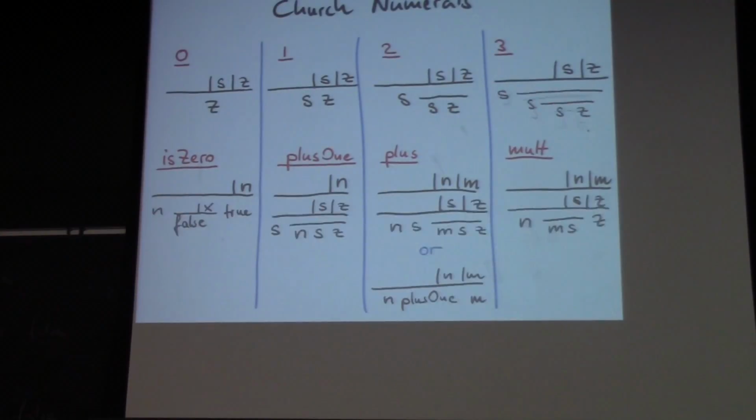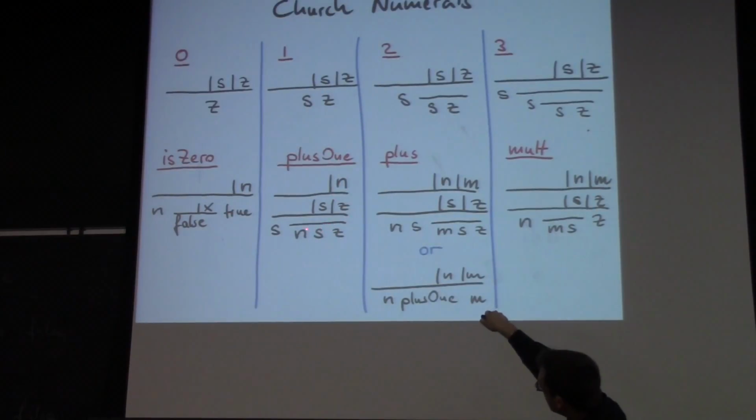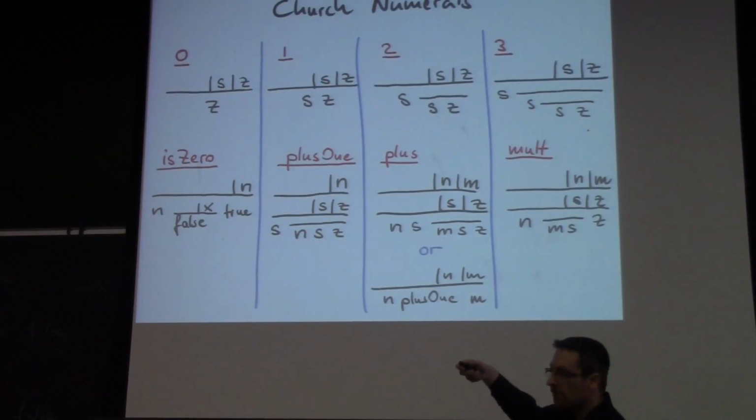Okay, so let me speed up a little bit. I'm giving you the results here. Let's see, how would we do plus 1? We have an n, and we need to get back something of this form that takes an S and a Z. So I'm writing this down here. And then what I do is let n eat S and Z. This gives me the number n, and then I just add another S on top of it.